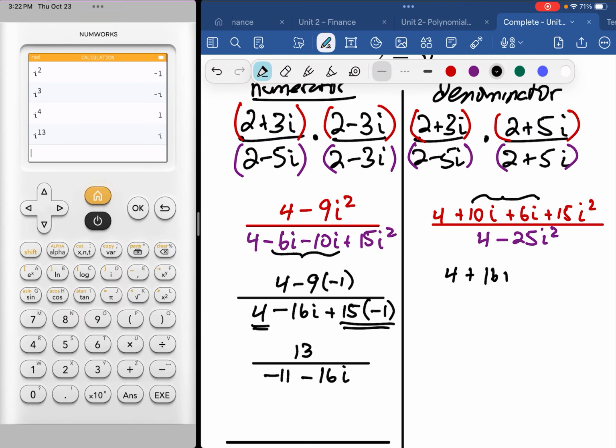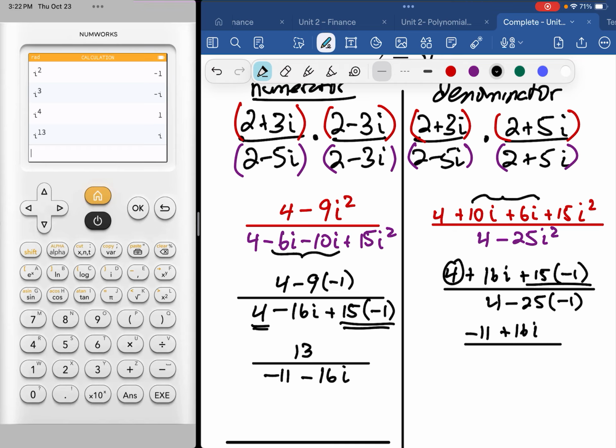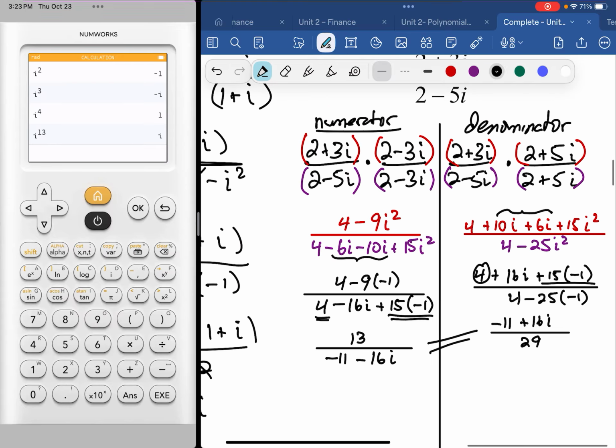So 16i plus 15 times negative 1, because again, i squared is negative 1, over 4 minus 25 times negative 1. So I take my 4 and combine it with a negative 15. So that's going to be negative 11 plus 16i over 4 plus 25, which is 29. These two things are equivalent to one another.